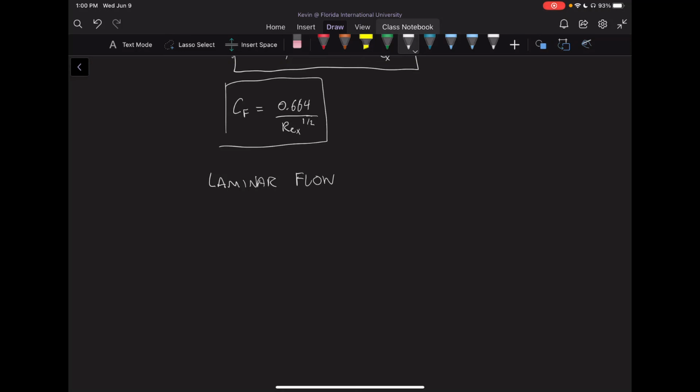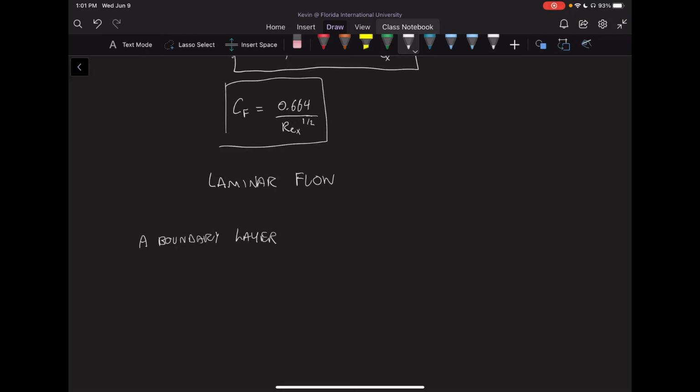Now, if we go further than this, we can also say that a boundary layer has to have some way to be judged as thin or not. Remember, if we have a thin boundary layer, we can use boundary layer theory. If we don't have a thin boundary layer, we cannot use boundary layer theory.